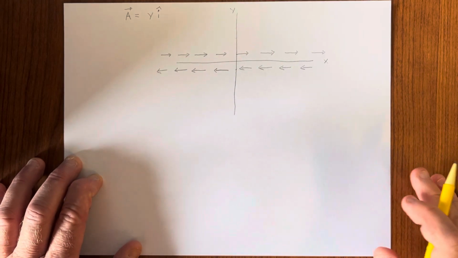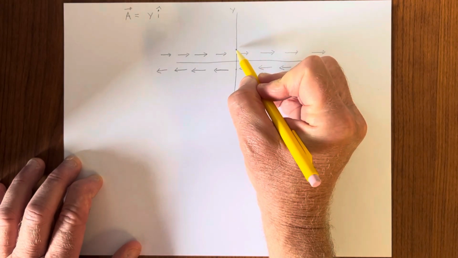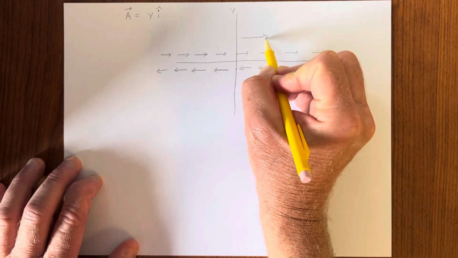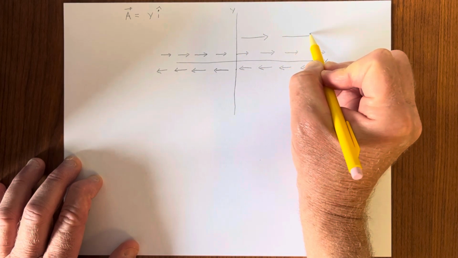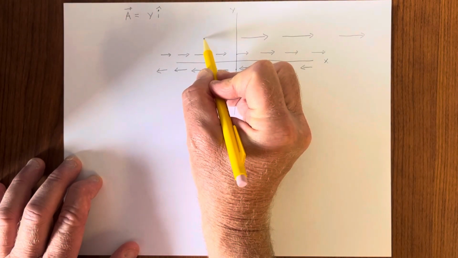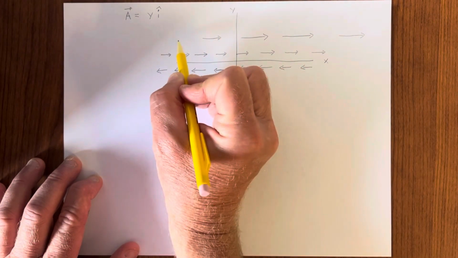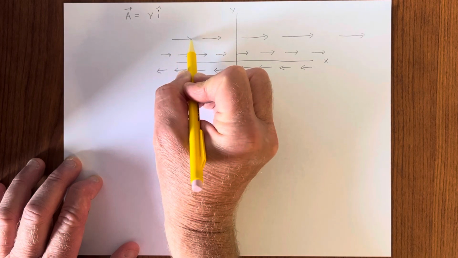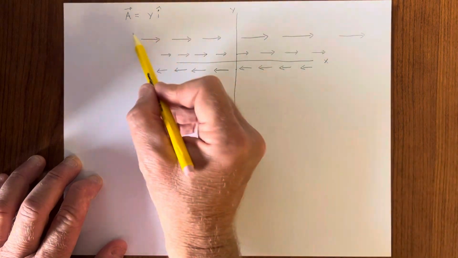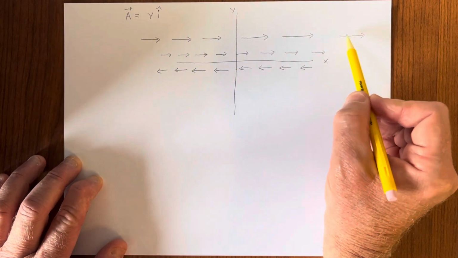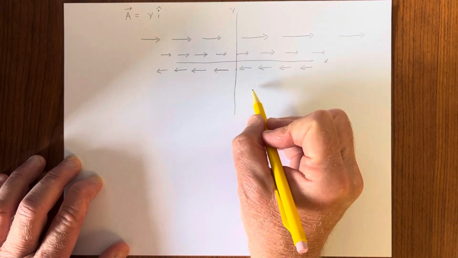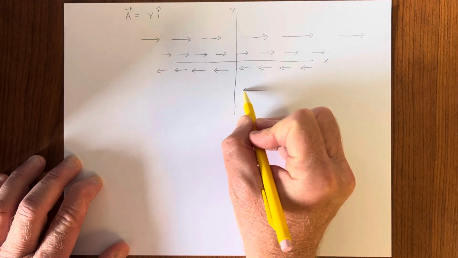And we can see that as y gets larger, the arrows have to become longer. So I'll make fewer arrows there. The direction is still the same for negative x values. The arrows all have the same magnitude here, they're greater, and down here, they just flip direction. So it's something like that.